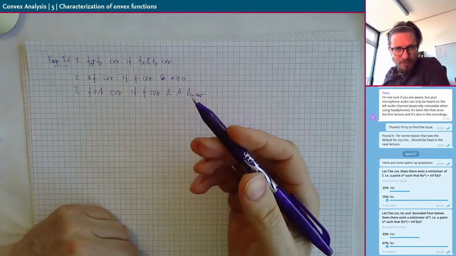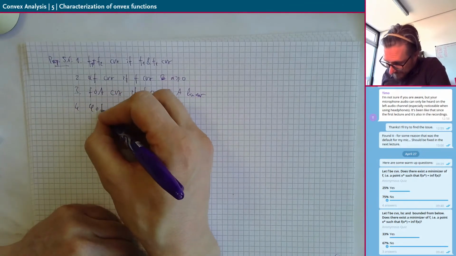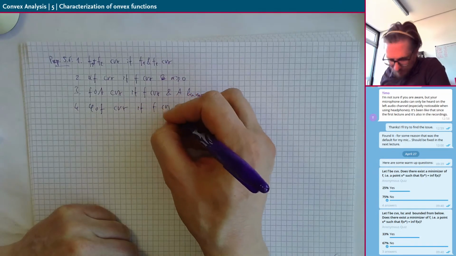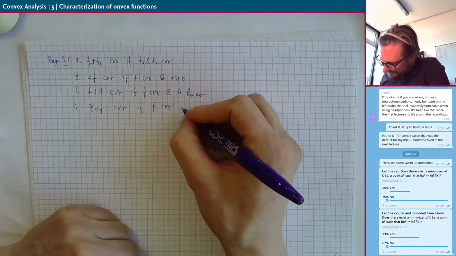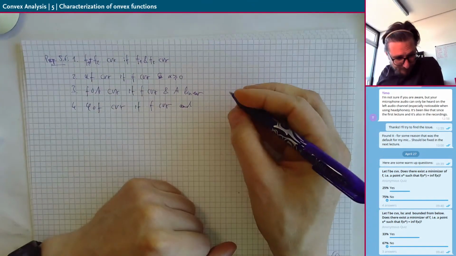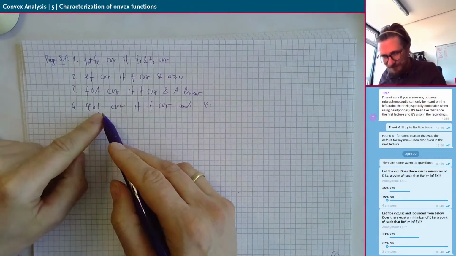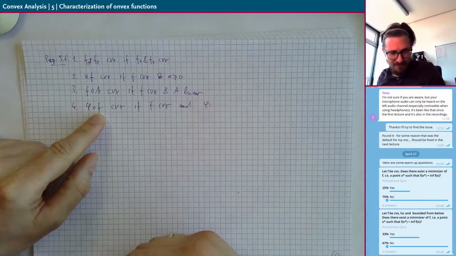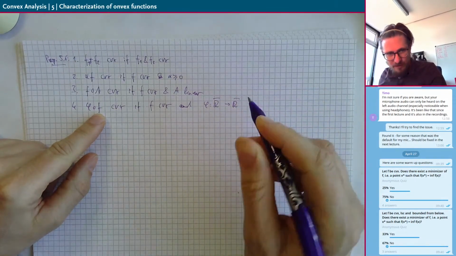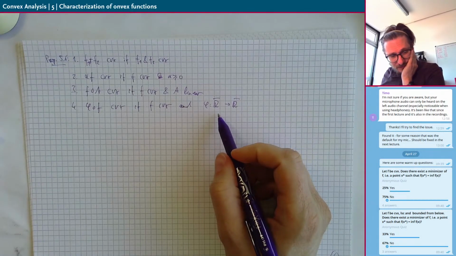What about postcomposition of a convex function, phi of f? That's convex if f is convex, but what about phi? Now we need to take a little bit of care because f may assume the value plus or minus infinity, so we have to allow phi to also map the values plus and minus infinity to something.